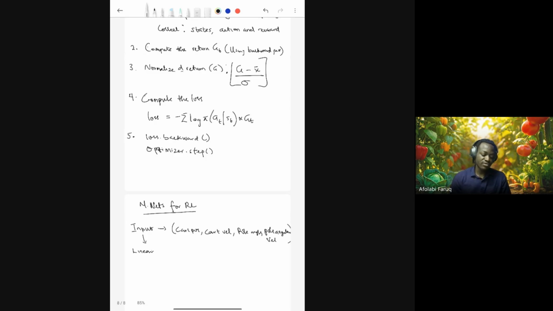Since we have 4 inputs here, we're projecting 4 inputs to 128 units within this layer. And don't forget, in a neural network, at the end of each layer, there will always be a nonlinear transformation.